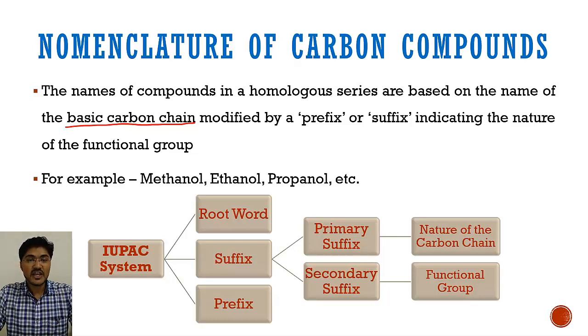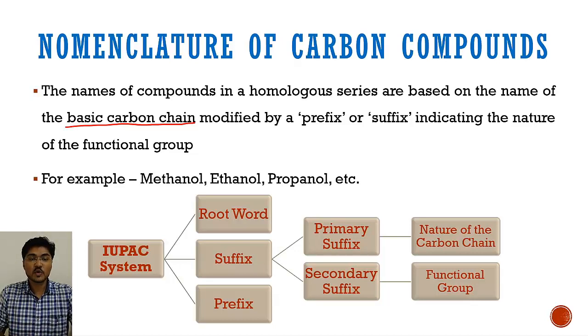For the base carbon chain, if there is one carbon, we say meth. If there are two carbons, we say eth, 3 prop, 4 but, 5 pent, 6 hex, 7 hept, 8 oct, 9 non, and 10 dec.